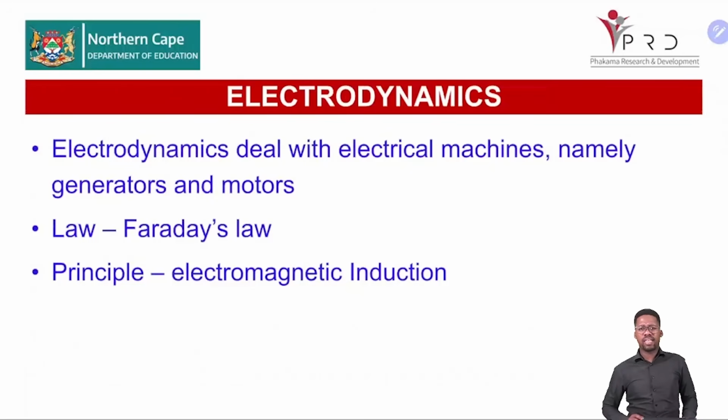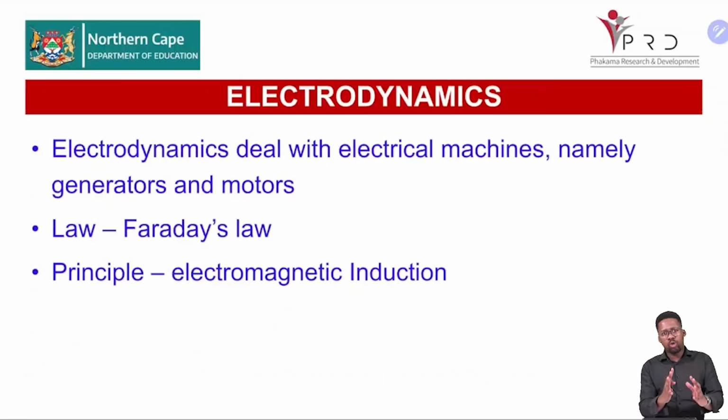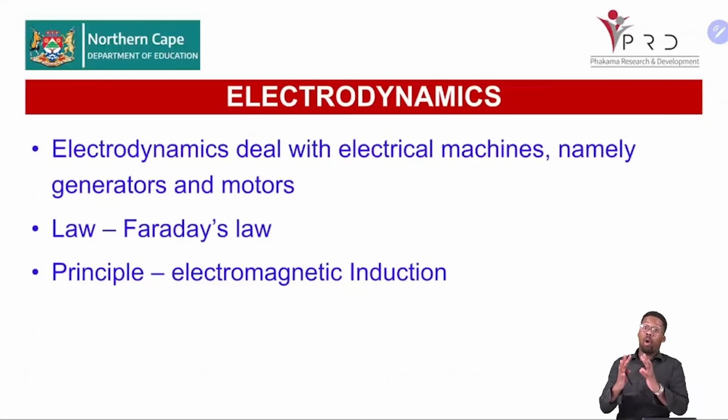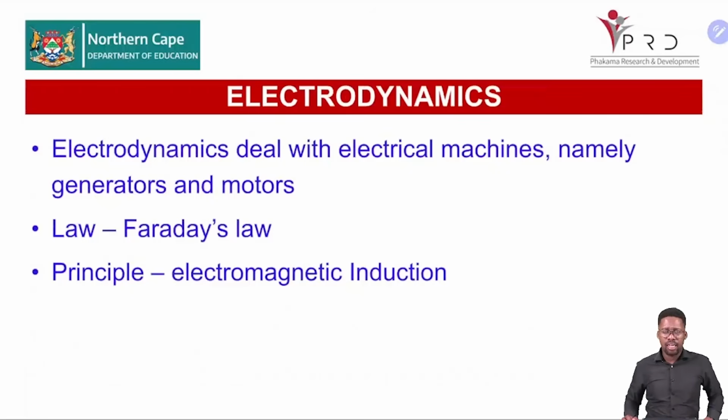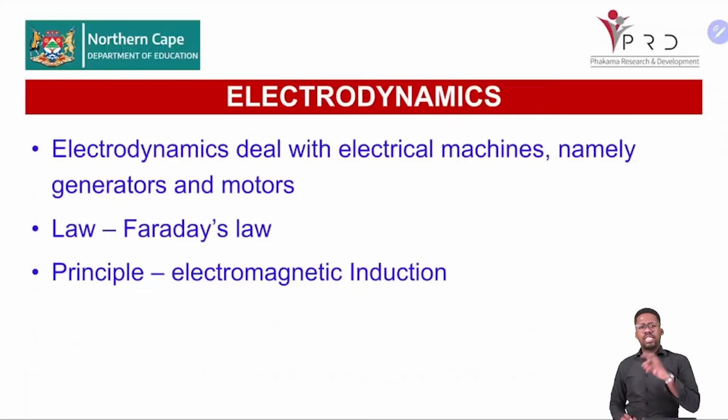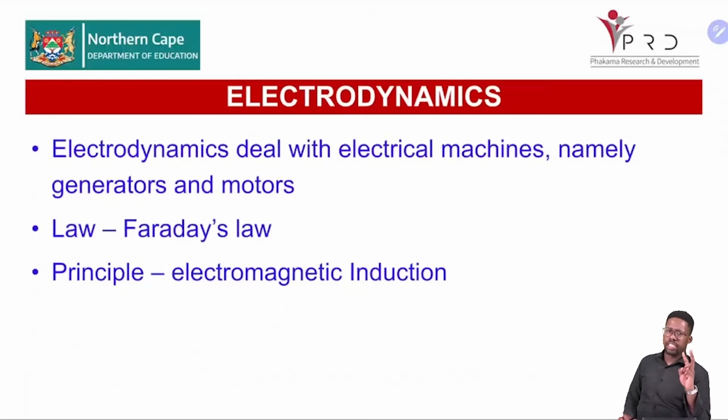And from our previous lesson, I did say that if you are confronted with a comparison, it is best that you know one side so that you know the other one is the opposite. So if we deal with a generator, then you know that the motor is the opposite. So this topic deals with 2 machines, a generator and a motor.